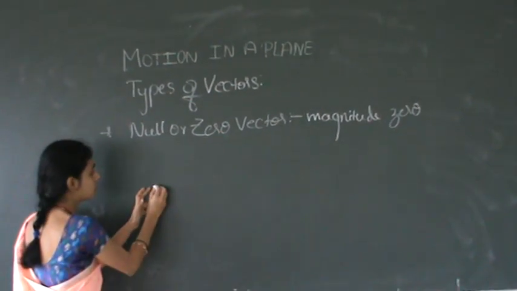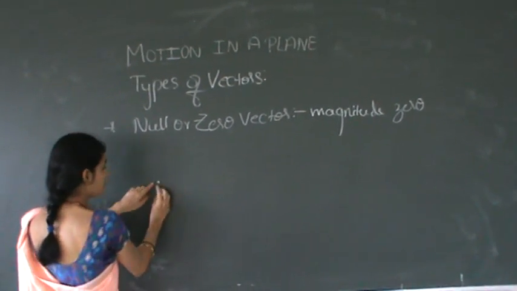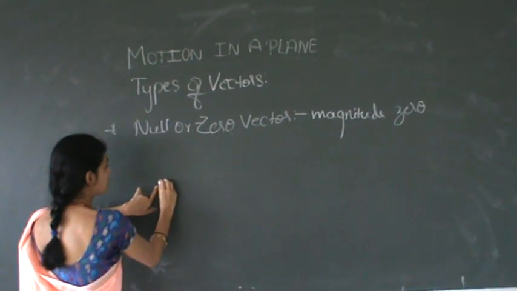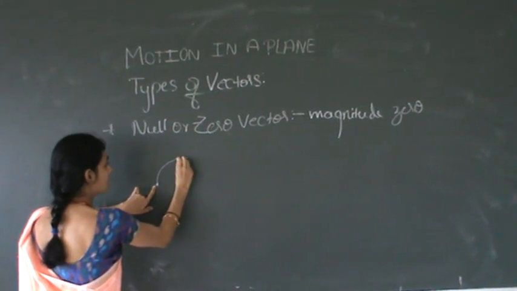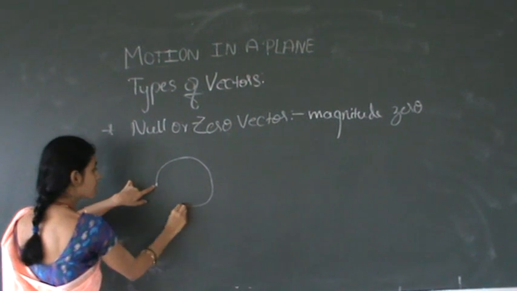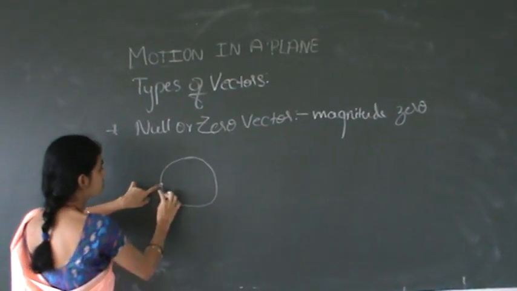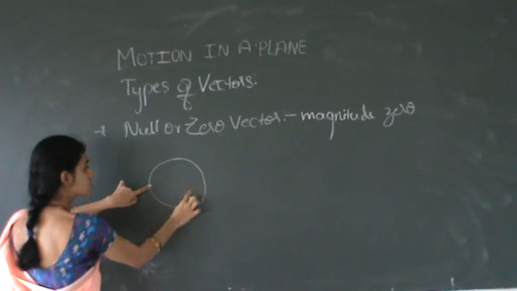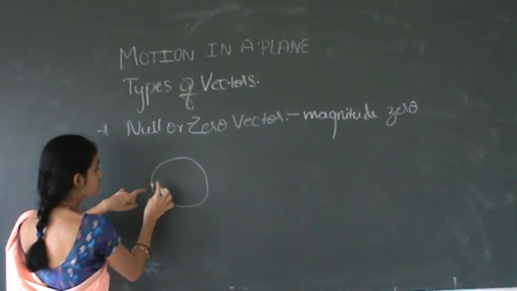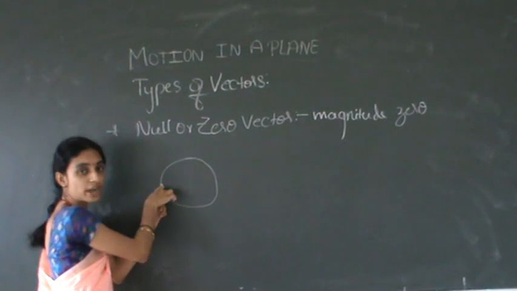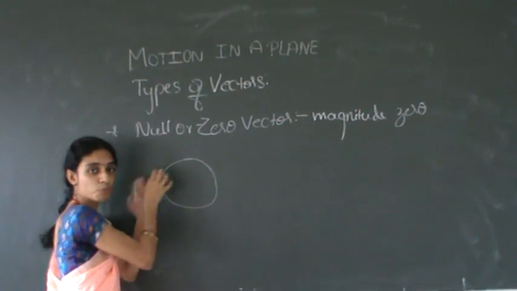For example, if a person rides a bicycle in a circular path and comes to its initial position, it covers one complete circular path. Its initial point and final point are both the same.